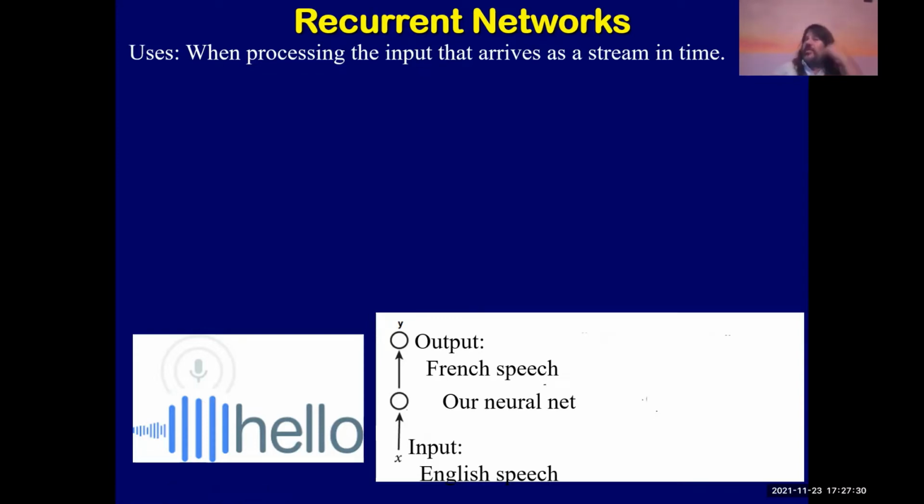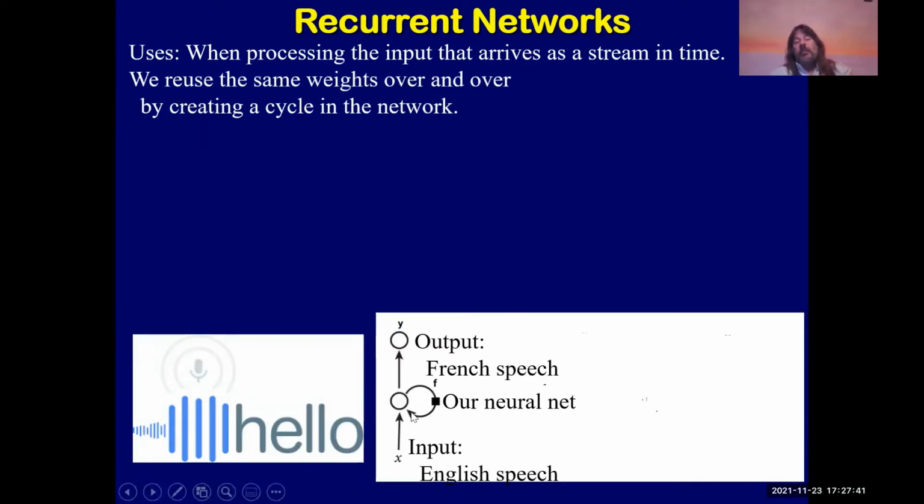All right, so this is like we saw in Star Trek, or the little fish that's in your ear that takes in English speech and outputs French speech, right? And this neural net this time is going to have cycles in it. So all our neural nets before were layered, so there was never a path that went around in a circle. But since it's sort of time, we're going to have these cycles in the neurons.